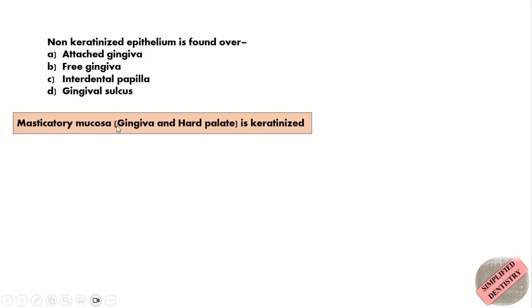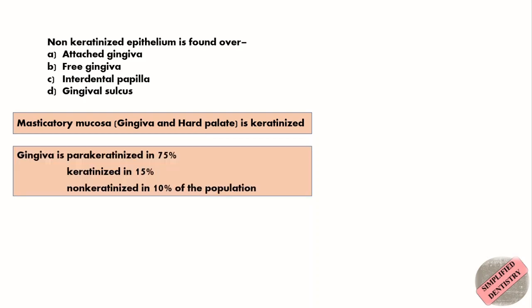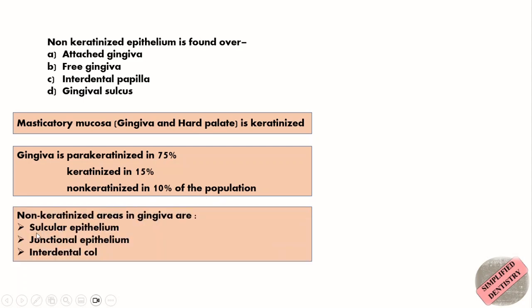Here all the options are related to gingiva, and we have already discussed earlier that the masticatory mucosa, which means the gingiva and hard palate, is keratinized and gingiva is frequently parakeratinized. But gingiva is non-keratinized in 10% of the population, and the non-keratinized areas in gingiva are sulcular epithelium, junctional epithelium, and interdental cone.